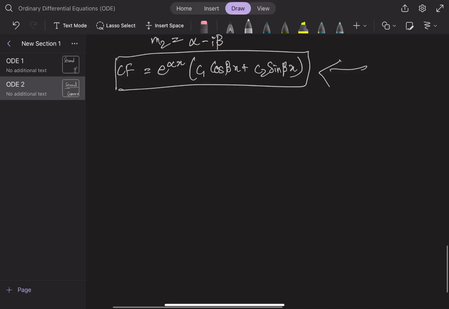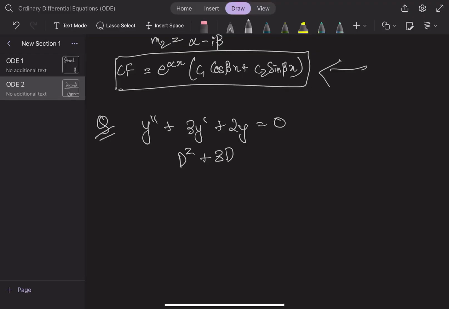Let's go ahead and take one example so you understand better. So the question is y double dash plus 3y dash plus 2y is equal to 0. So the first step, we'll write it in operator form.